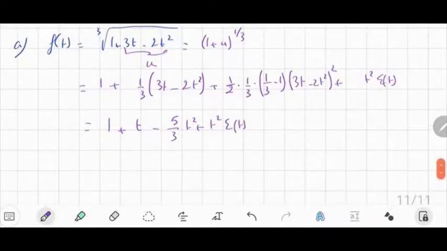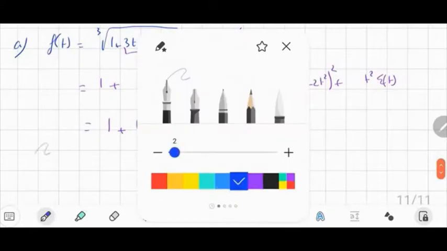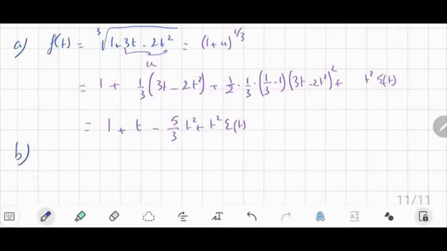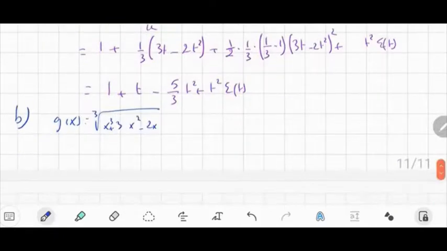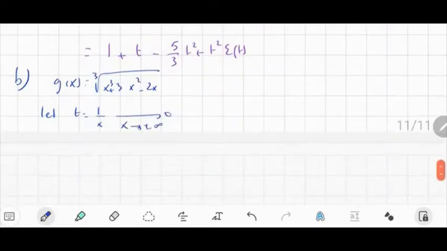Now for the second question, they are saying deduce that the curve of the function g has an oblique asymptote D in the neighborhood of plus or minus infinity. So g of x is equal to the cubic root of x cubed plus 3x squared minus 2x. Immediately I would say let t be equal to 1 over x, that goes to 0 when x tends to plus or minus infinity, and then we replace.